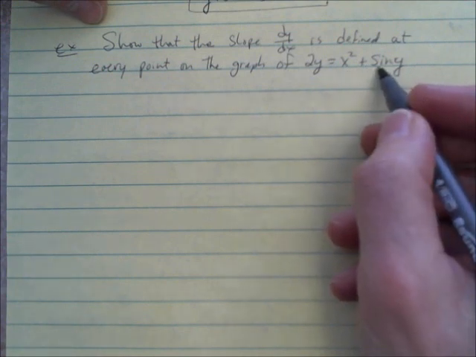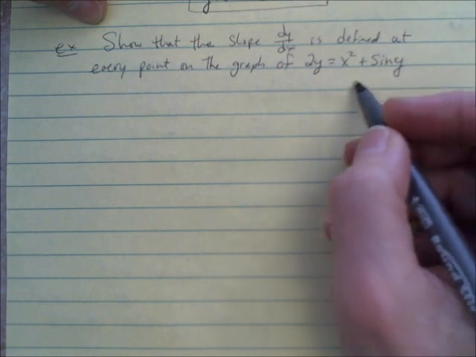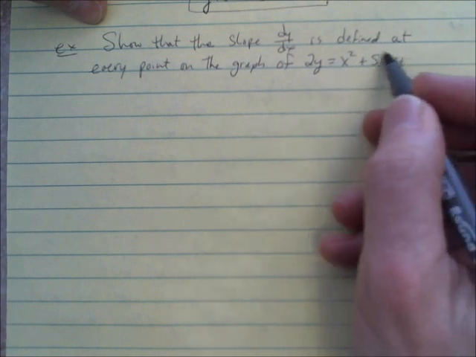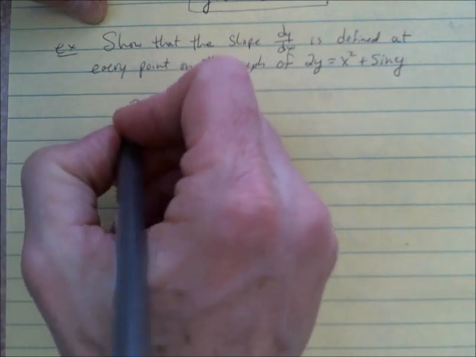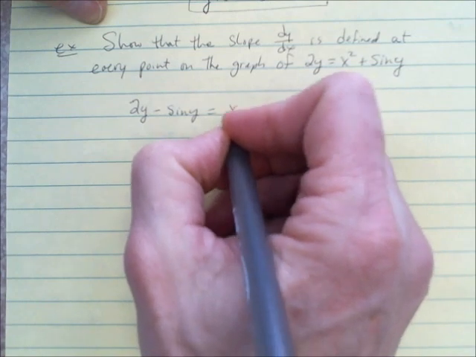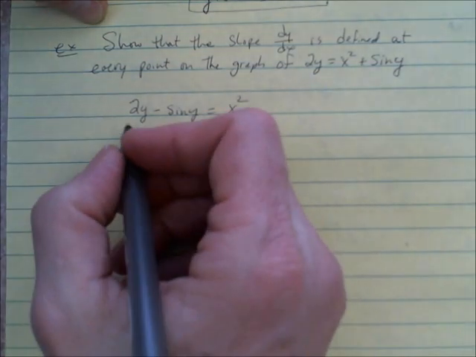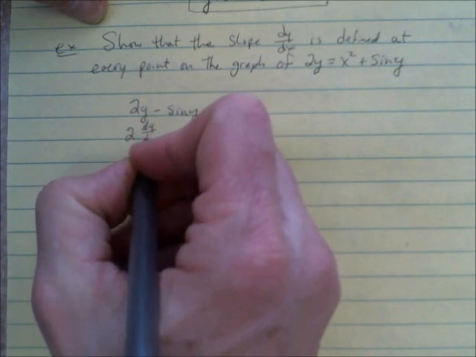What I'll do on this one is move the sine of y over to the left-hand side, because I know when I take the derivative of this, I'm going to have a dy/dx. So we'll call this 2y minus the sine of y is equal to x squared, and take the derivative. The derivative of 2y is 2 dy/dx.